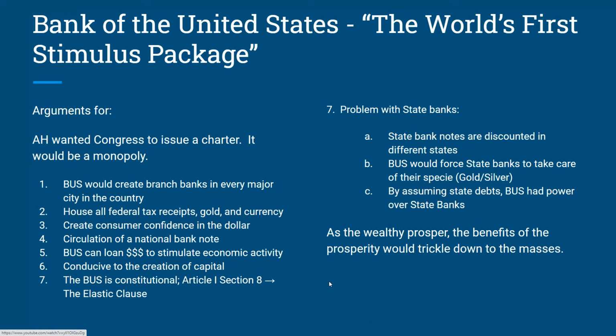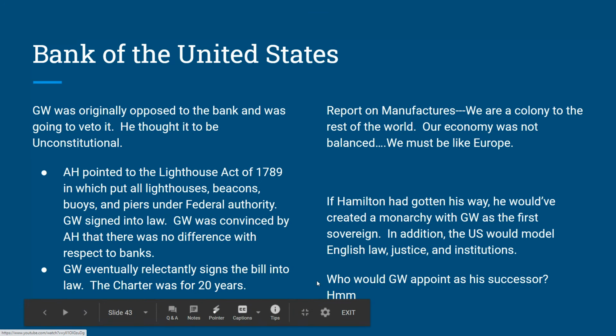So let's move on to George Washington. He originally opposed the bank. He thought that the bank was unconstitutional, but Hamilton convinced him. Because really you have what's called, and this is a note card term, loose construction of the Constitution versus strict construction.